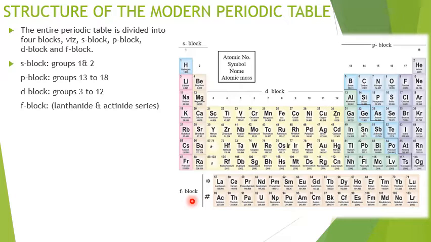So the entire periodic table is divided into 4 blocks: S block, P block, D block and F block. These blocks have certain names: S block and P block are called normal elements, D block is called transition elements, and F block is called inner transition elements. Understood?